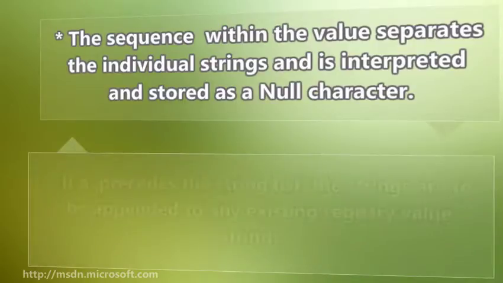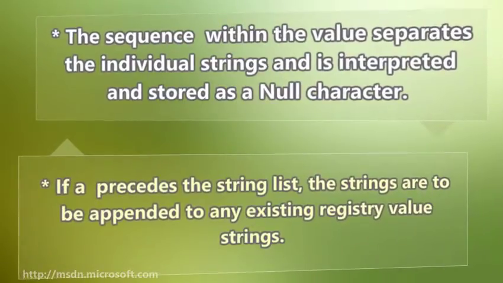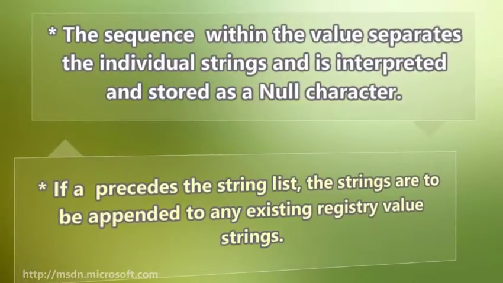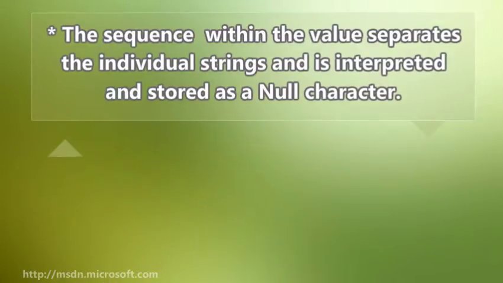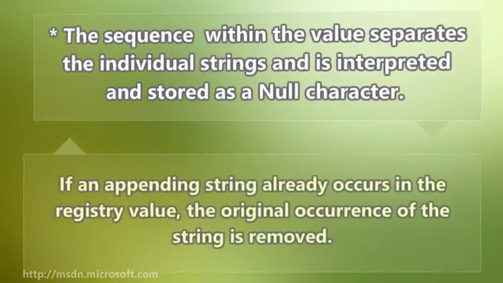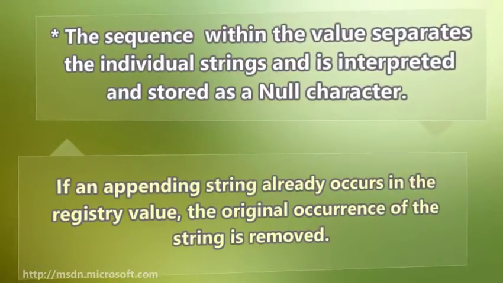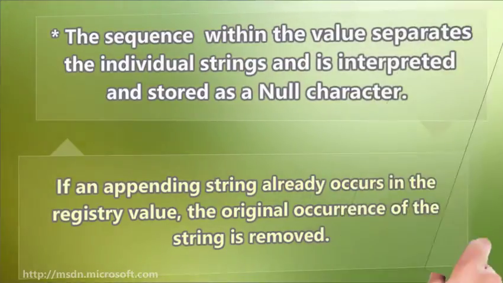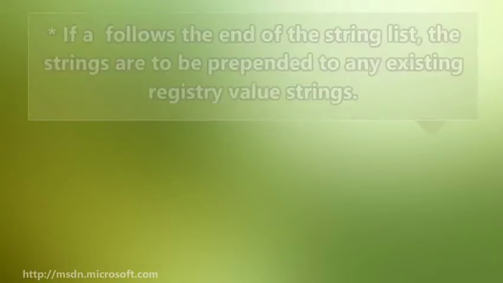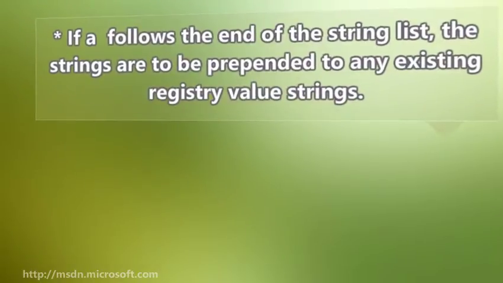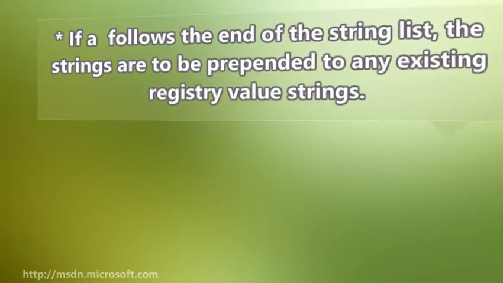If [~] precedes the string list, the strings are to be appended to any existing registry value strings. If an appending string already occurs in the registry value, the original occurrence of the string is removed. If [~] follows the end of the string list, the strings are to be prepended to any existing registry value strings.